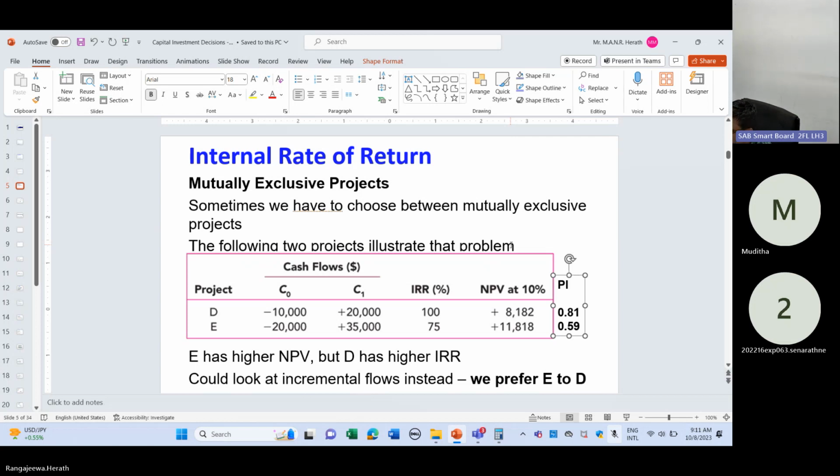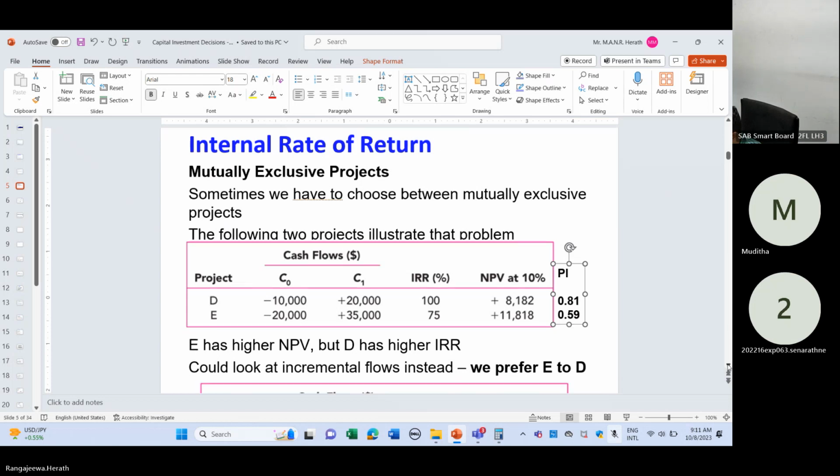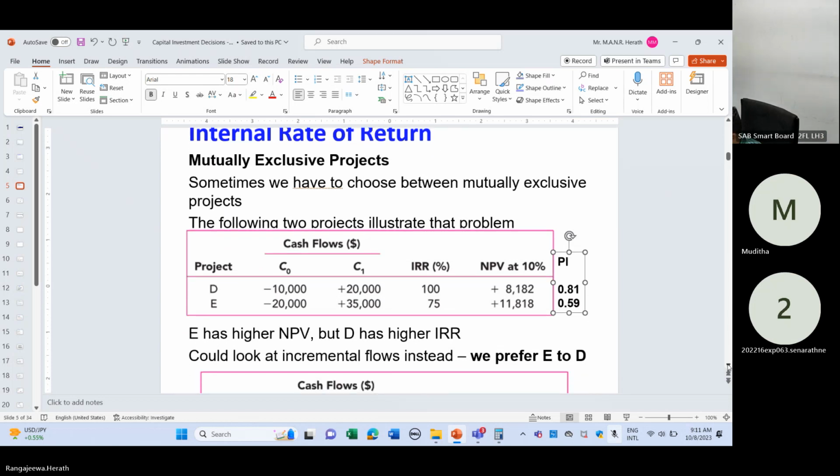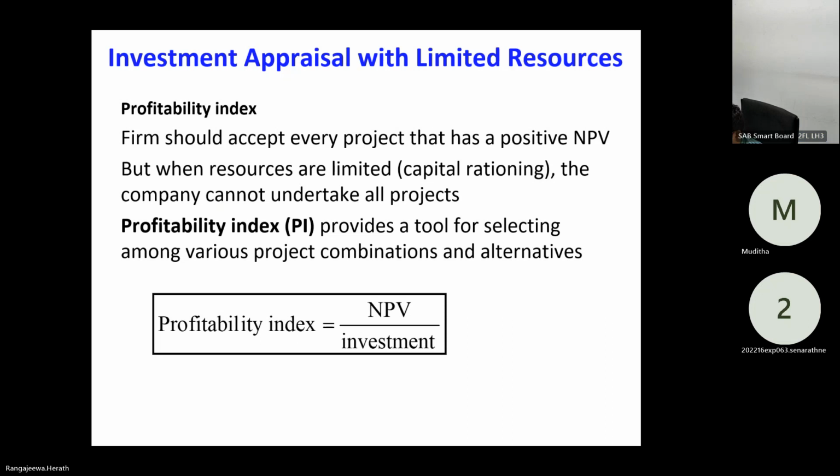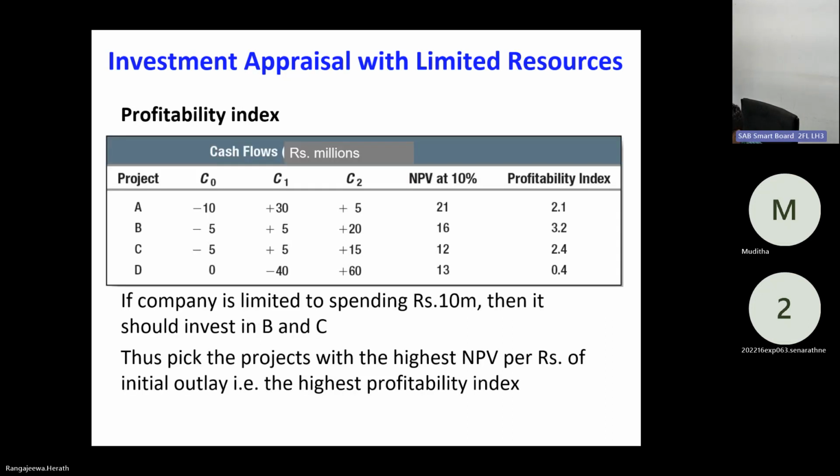Practically, same alternative but different capital cash outflow. So you have to determine based on profitability. This profitability index: NPV divided by investment.